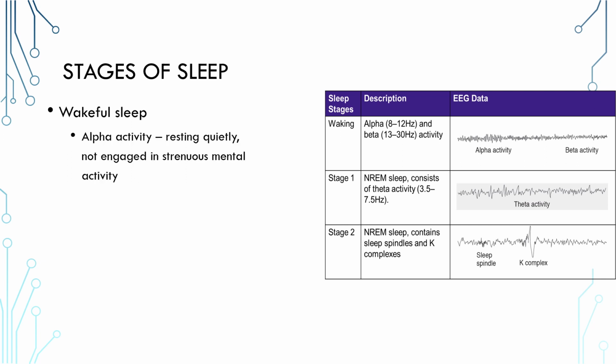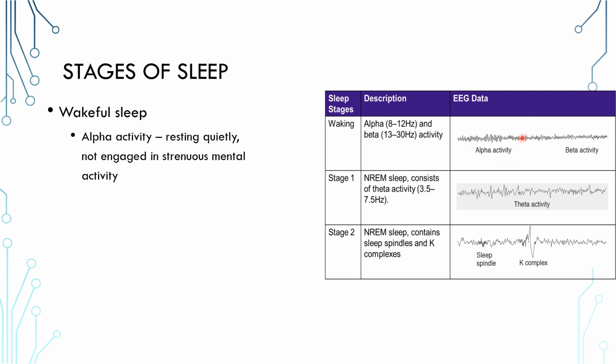This consists of what we refer to as alpha activity. So during this time, the person is typically resting quietly. They're not engaged in any strenuous mental activity, but they aren't fully asleep yet. We can see that activity charted here by an EEG on the right-hand side of our slide.